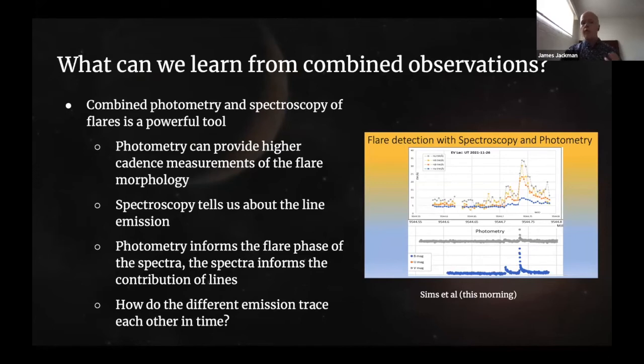This then tells you about the contribution of what your spectra is telling you about the initial heating or cooling of the photosphere, and so on. And then again, with the spectroscopy, how do different emission lines trace each other in time? Do different emission lines from different regions of the chromosphere lag behind each other?